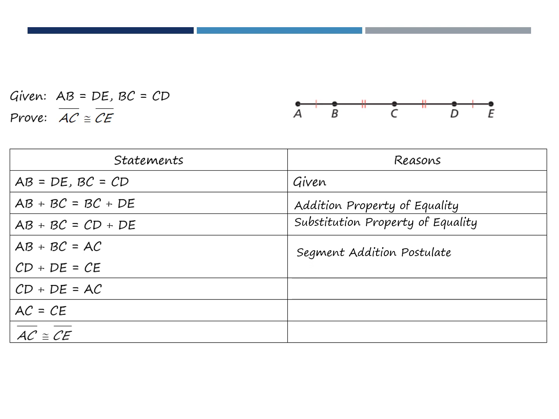Next, I've used the segment addition postulate. How do I know that? I've got AB plus BC equal to AC. So I've got AB plus BC equal to the whole segment. And then it's the same thing with CD and DE equal to that whole segment.